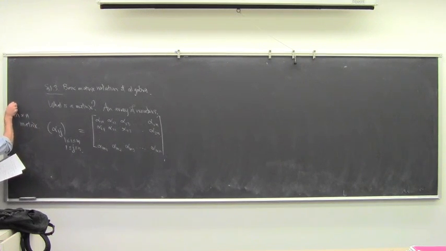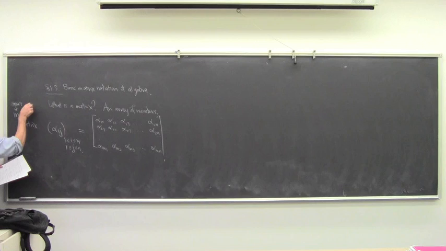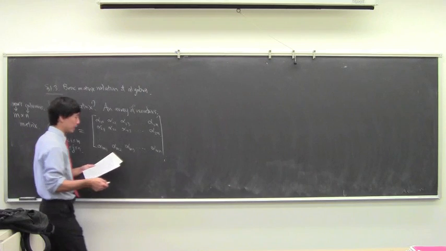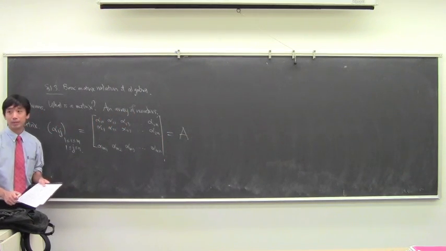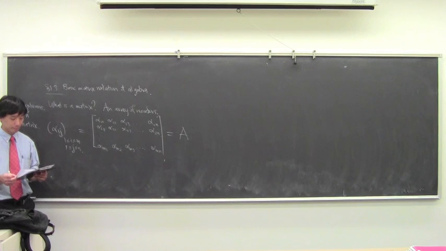M is the number of rows. N is the number of columns. And one usually uses some sort of capital letter to represent the whole thing.